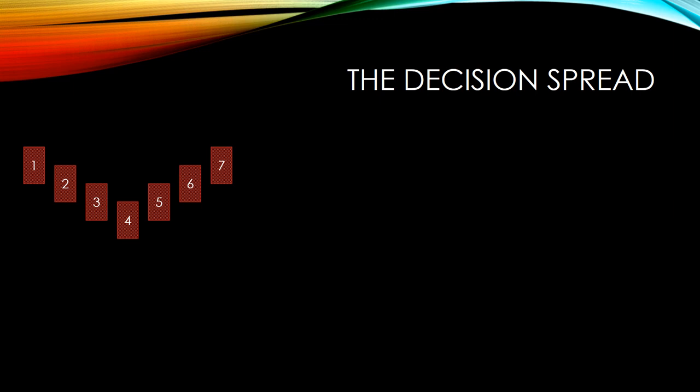Card number 3 is future influences. These are things that are going to come to pass in all likelihood. And all 3 of those taken together brings you to point number 4, which is the actual decision. Card number 4 is the actual decision. It's what to do.